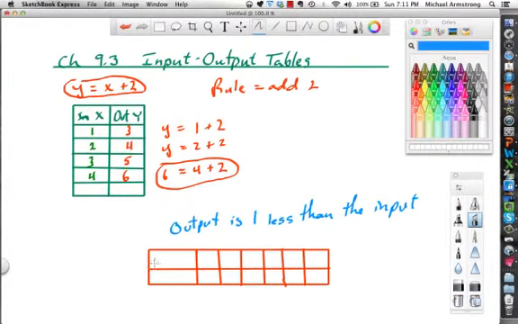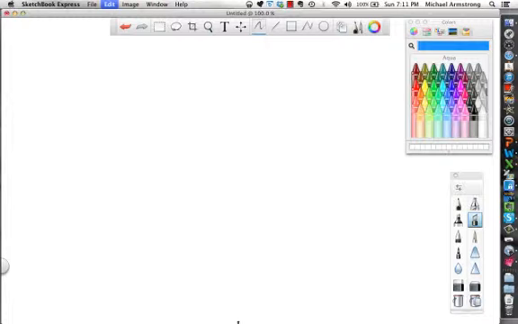So they've got the x is the in, and the out is y, and then they give you the x values 2, 3, 4, and 5, and they want you to come up with the y values. The y is 1 less than the input, so the in is 2, that means the out is 1. In is 3, the out is 2. In is 4, the out is 3. And in is 5, the out is 4, and you can kind of see this just 1 less all the way through. And you could keep going with that.